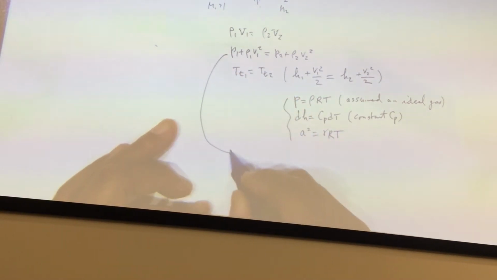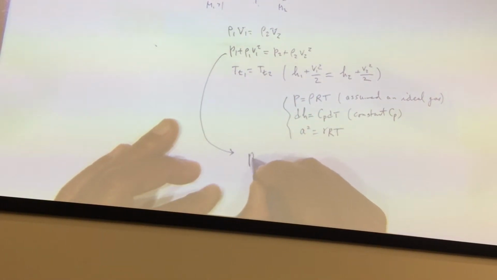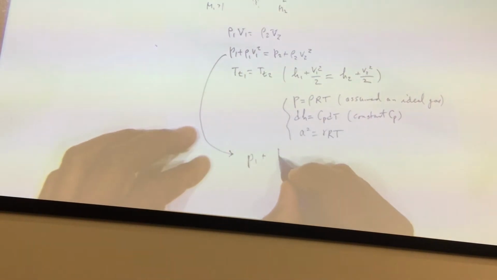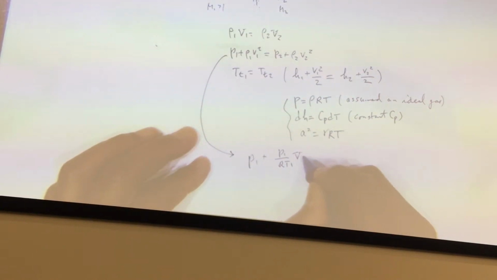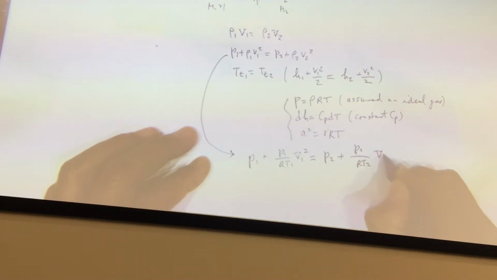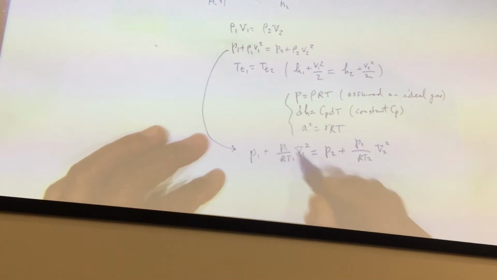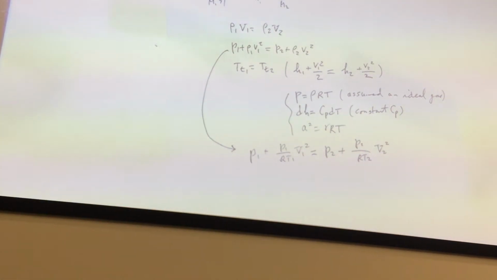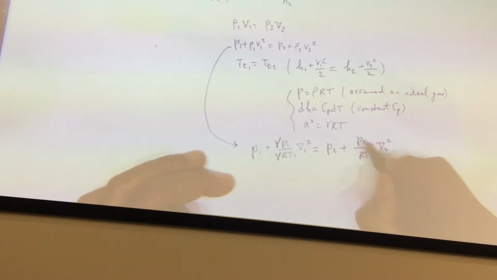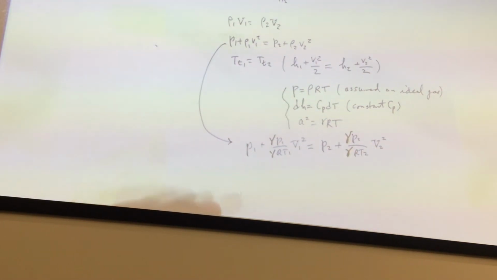What you can do here is, your P1 plus rho1 V1 squared, where rho is equal to P1 over RT1, is equal to P2 plus P2 over RT2 times V2 squared. You multiply by gamma and divide by gamma.